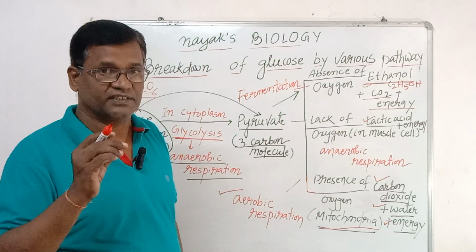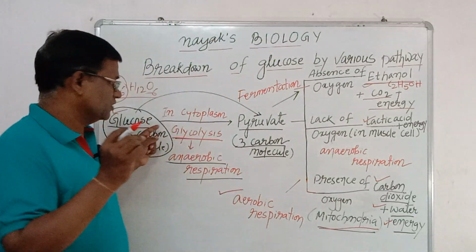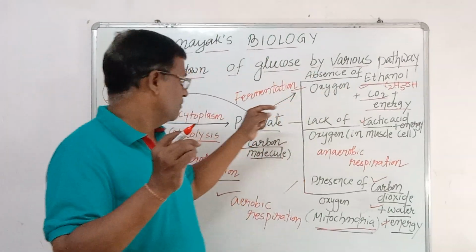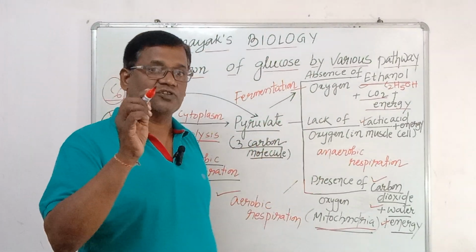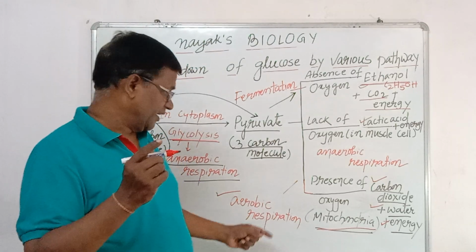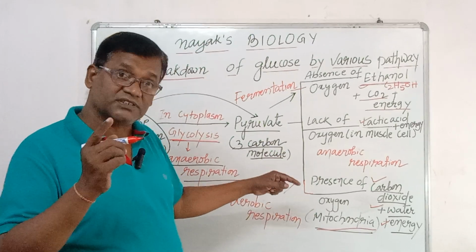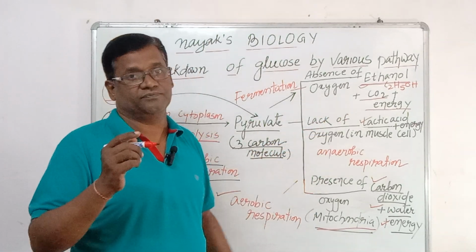Various enzymes are working here to convert glucose into pyruvate, pyruvate into ethanol, pyruvate into lactic acid. That's why aerobic respiration occurs in the mitochondria and anaerobic respiration occurs in the cytoplasm.